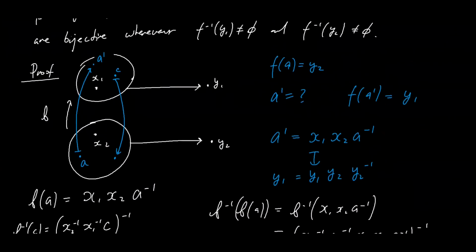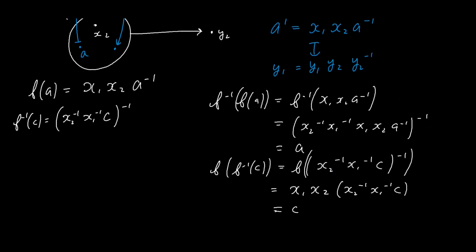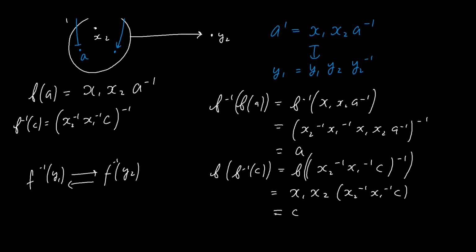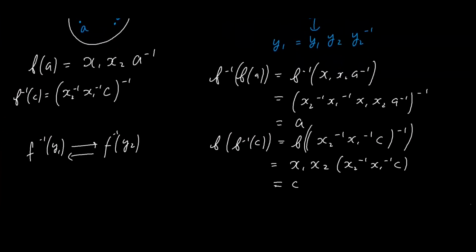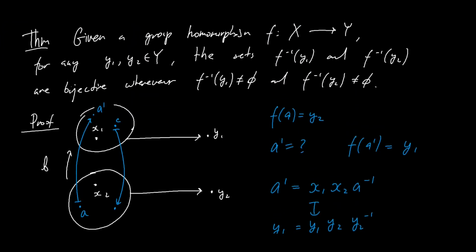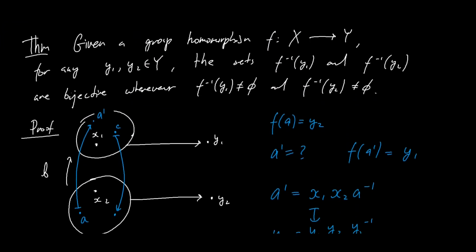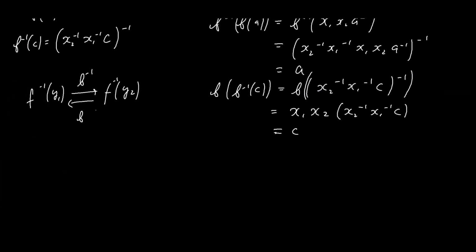So we've now found two functions, b and b minus 1, which go from f minus 1 of y1 to f minus 1 of y2 and backwards. In the forward direction, actually, our b goes in the backward direction and b inverse goes in the forward direction. And so that's how we proved that these two sets are bijective. So that completes this proof.